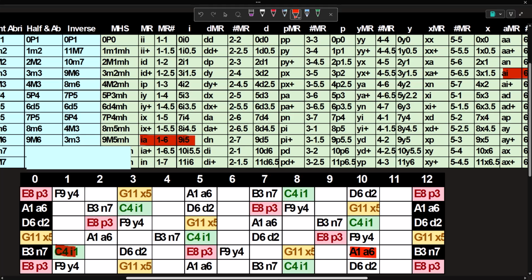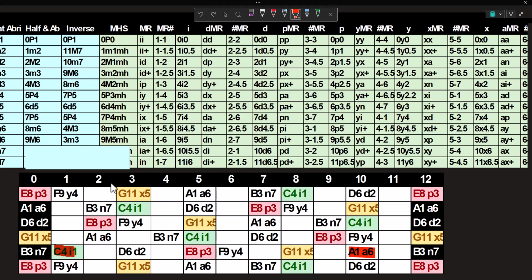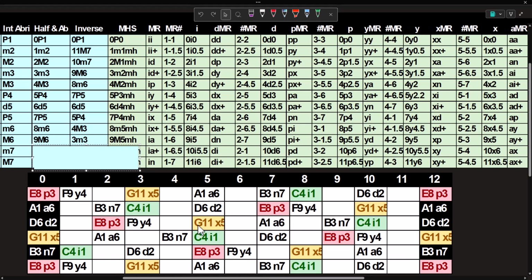I can't get a negative scale degree, so all I can do is memorize that the minor third could be going forward 3 clockwise or counterclockwise 9. You just memorize that. Some people, I've heard them use negative scale degrees, but most people don't, and even if you do, it doesn't really make sense the way you would think it would mathematically, because again, they counted it off by 1.